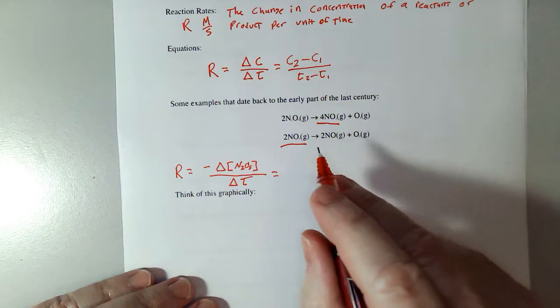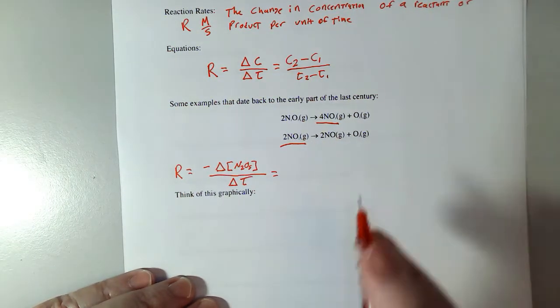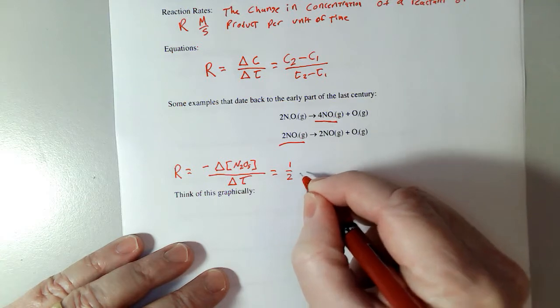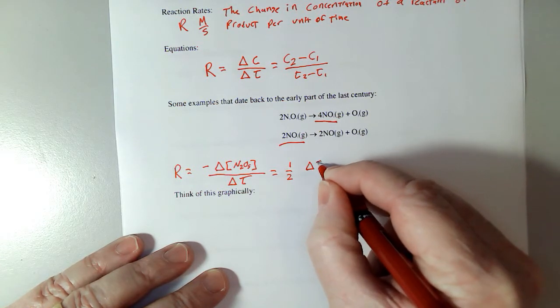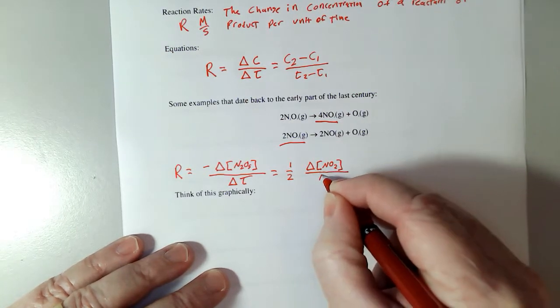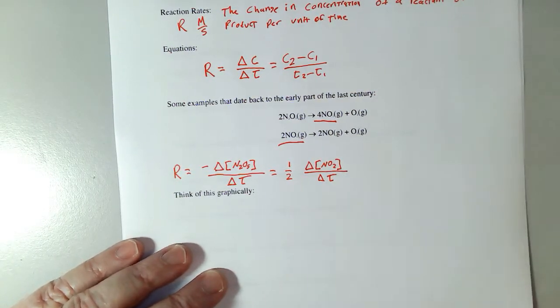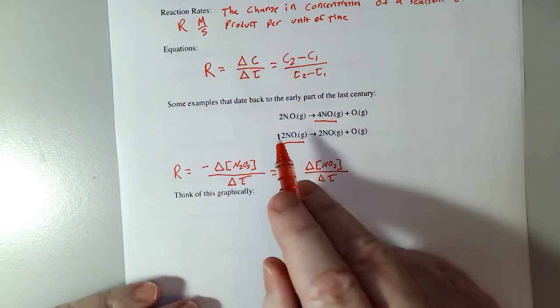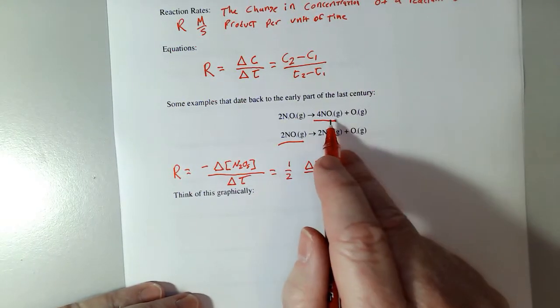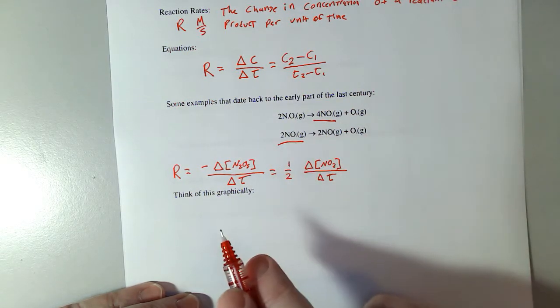Okay? So how does that compare to the rate of production for NO2? It equals 1/2 the change in concentration of NO2 per change in time. Because you see it's a mole ratio. It's 2 to 4 or 1 to 2. Twice as many NO2s form as N2O5s disappear.